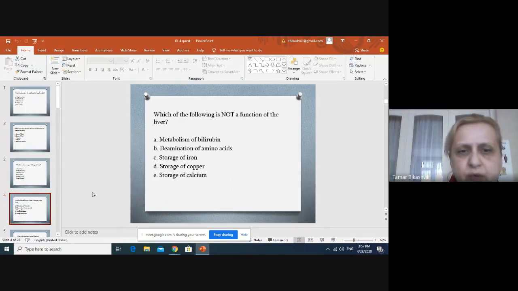The next question. Which of the following is not a function of the liver? The metabolism of bilirubin, the deamination of amino acids, storage of iron, storage of copper, or storage of calcium.